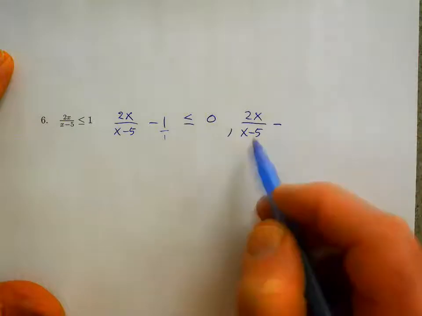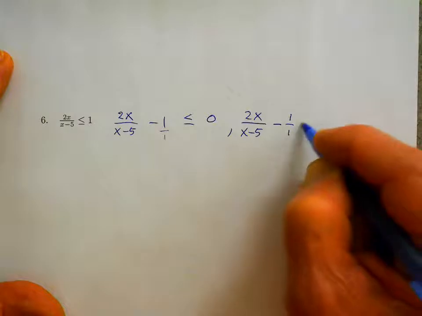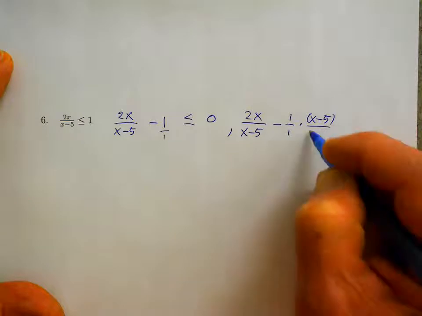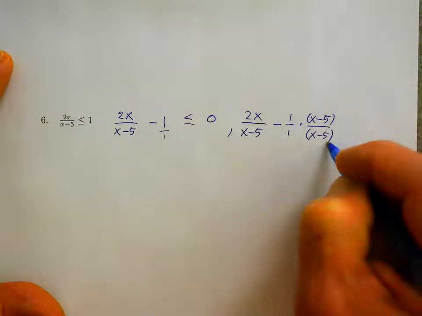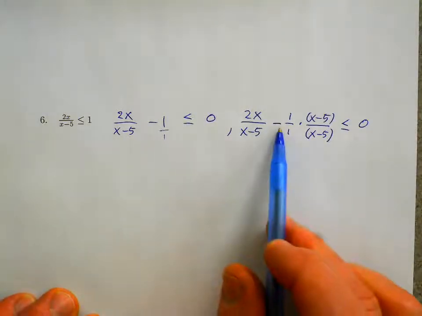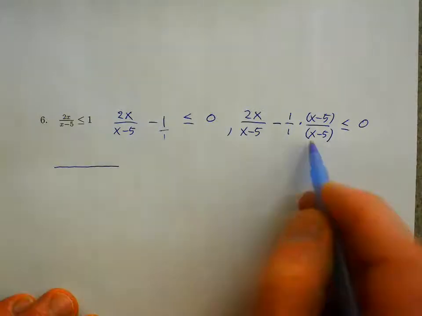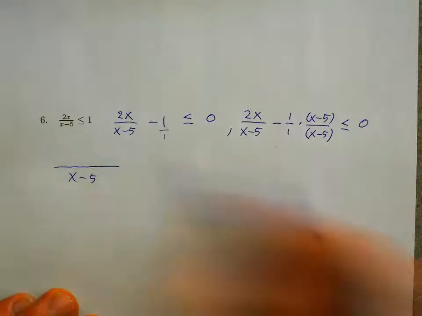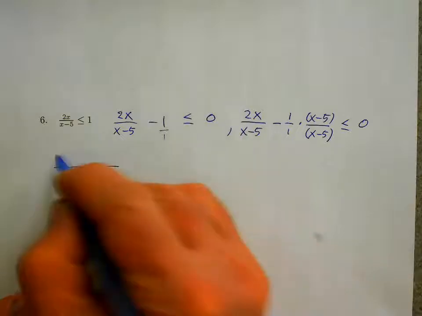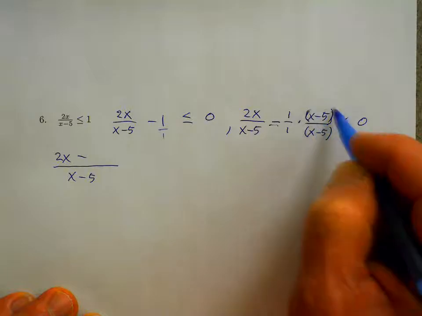So we multiply minus 1, you can think of that as minus 1 over 1, by 1 in the form x minus 5 divided by x minus 5. And then be careful with the arithmetic. So if we have the common denominator x minus 5, then we have 2x minus this entire numerator.